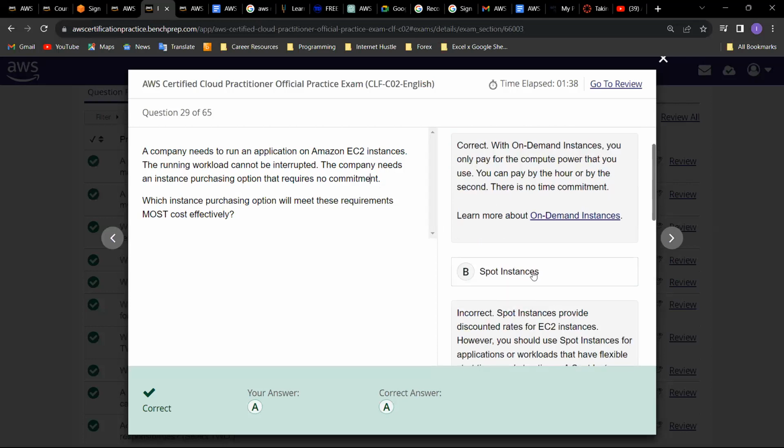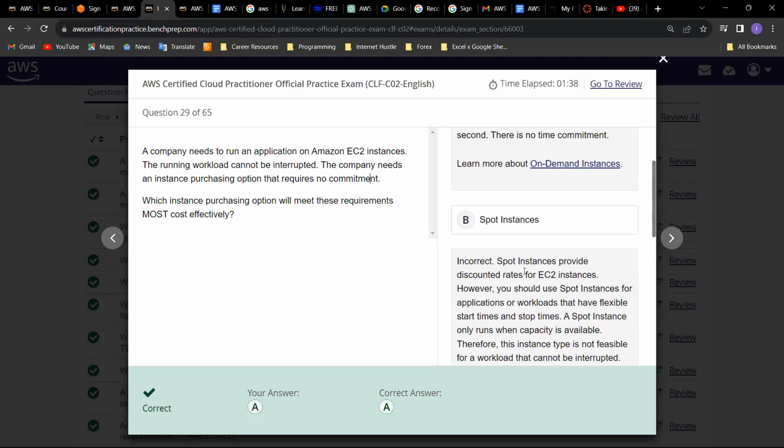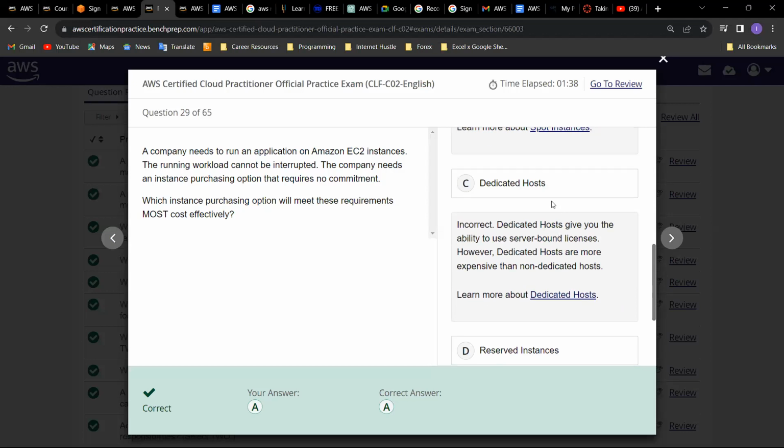Now, Spot Instances are for workloads that can stand interruptions. In as much as they have the highest discount rate, they are for systems that can stand interruptions, because AWS can take them back in the next moment if somebody outbids you. Dedicated Hosts give you the ability to use your server-bound licenses.